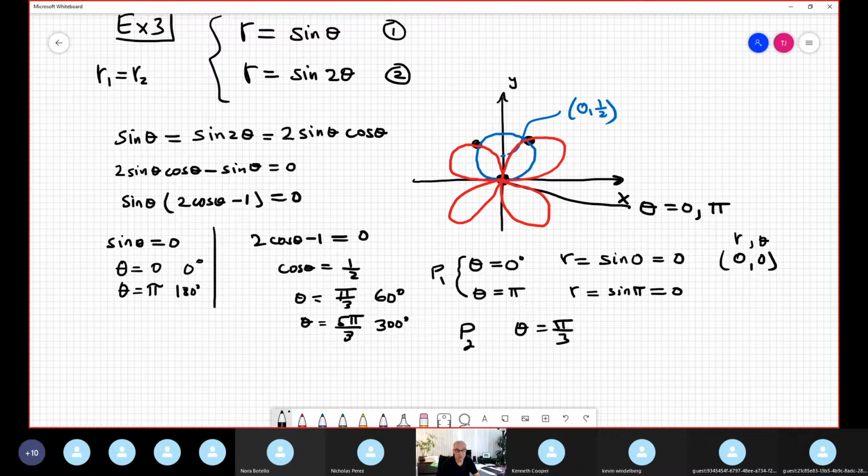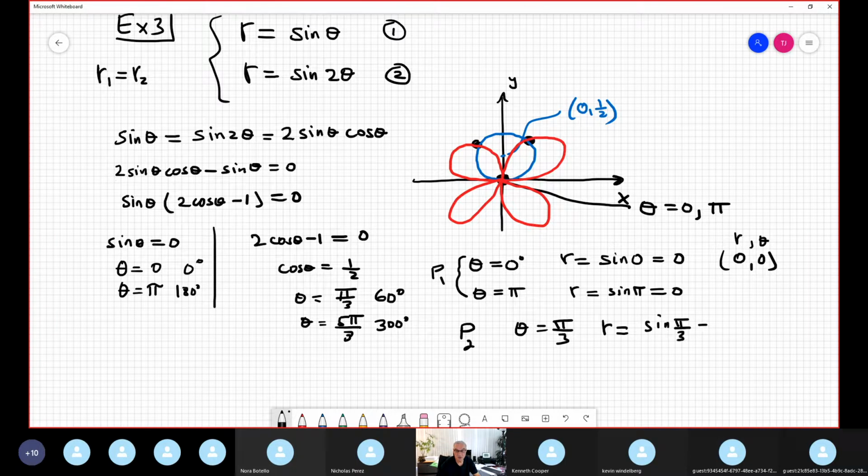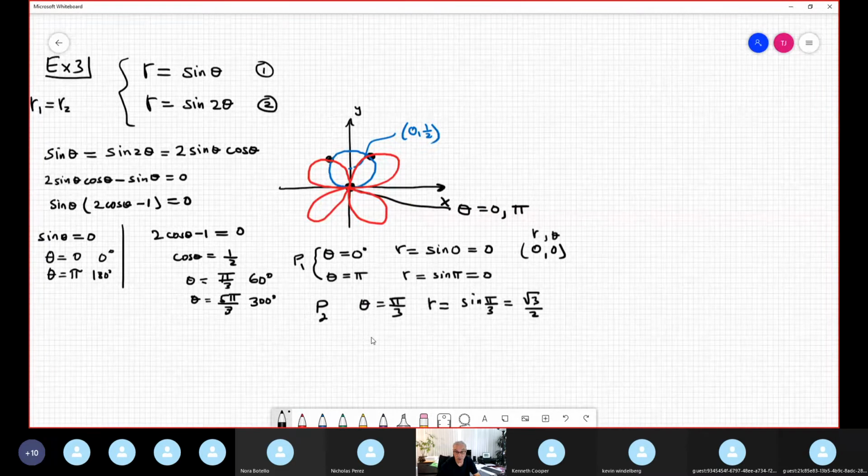So pi over 3, plugging in either equation, r is equal to sine pi over 3. And sine pi over 3 is 1/2, no? Oh, it's radical 3 over 2. Therefore, the second point in polar is radical 3 over 2, comma pi over 3.